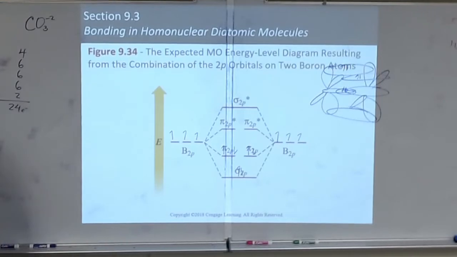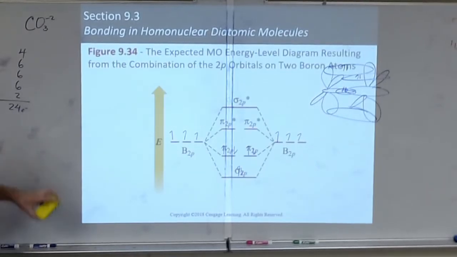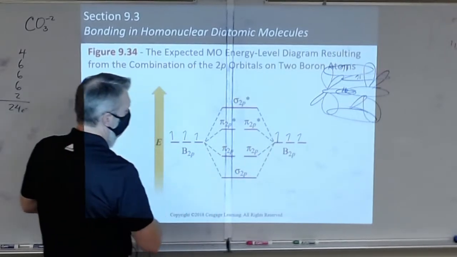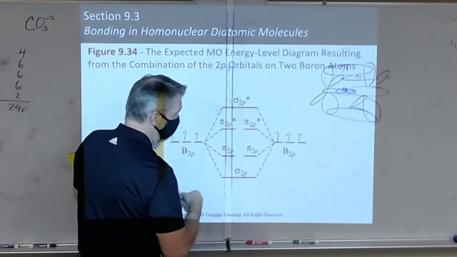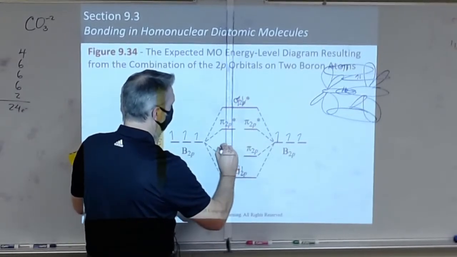Is this bond going to happen? Let's see. Actually, I forgot I needed to fill the other two first. Top and bottom first. All right, so here's our sigma. Let's do our sigma first. 1, 2, 3, 4, 5, 6.